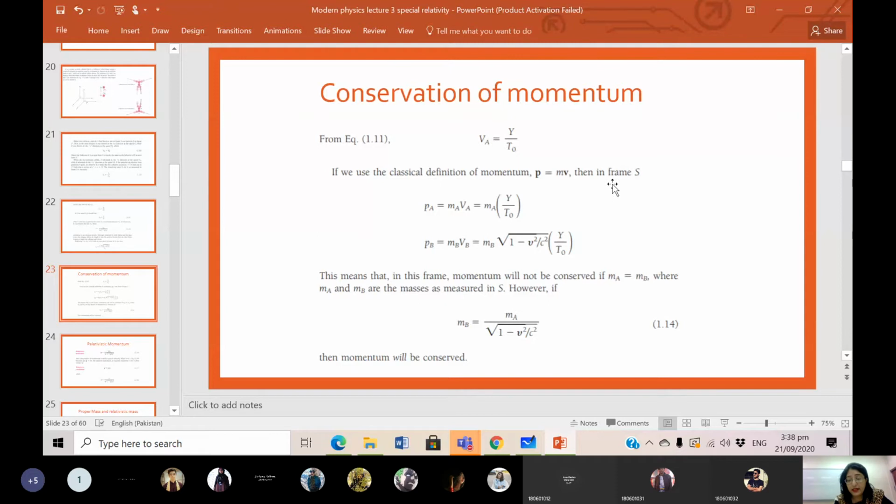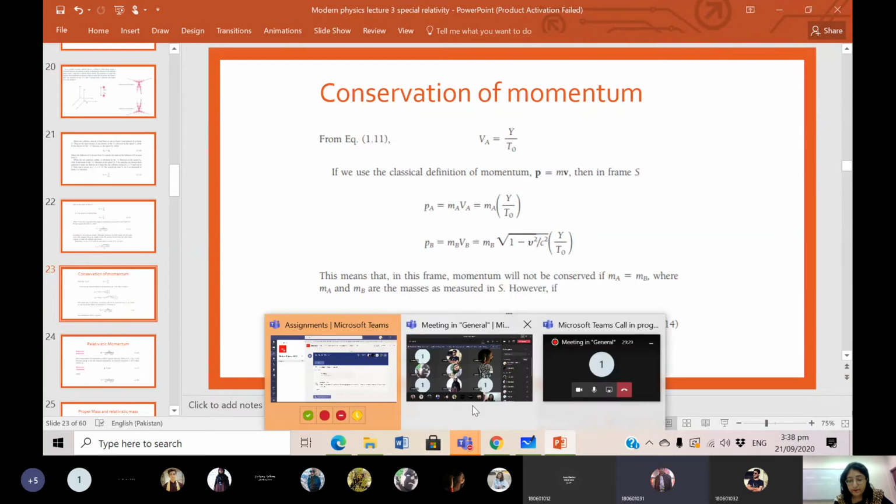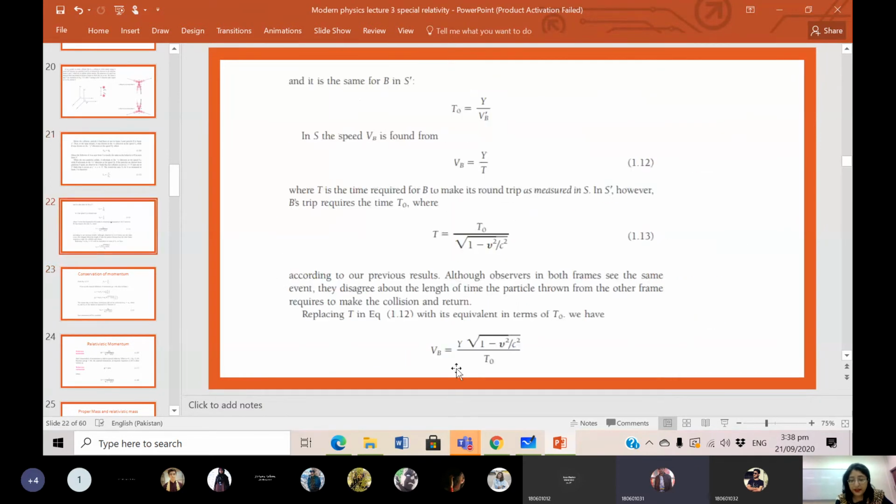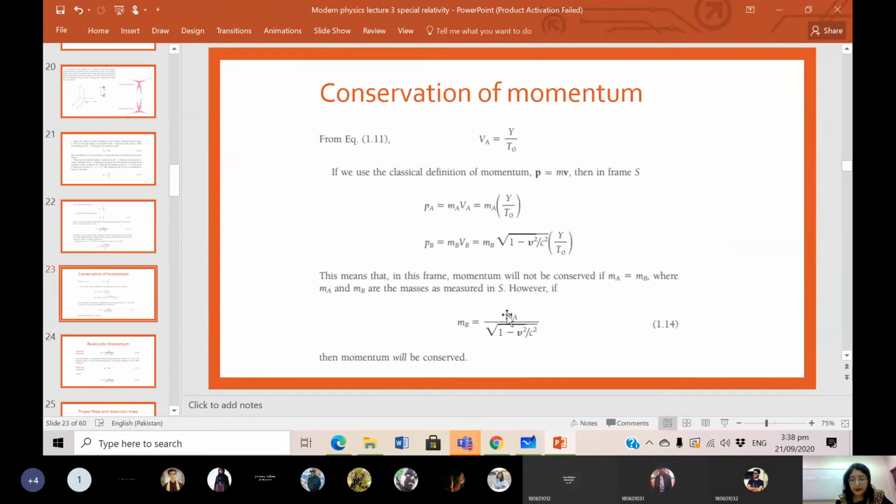Why? Because we're talking about frame S only, not S dash. Is that making sense? Yes, ma'am. So it will be MB VB, and because we derived VB over here, we put this equation back in here.